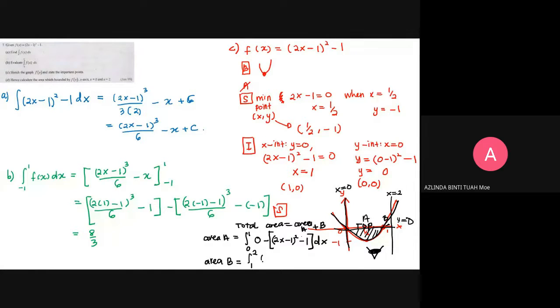Top curve is the function f(x), x minus 1 squared minus 1, minus the bottom curve, y equals to 0. Okay, please solve the integration. I give you 1 or 2 minutes to find the area A and B.